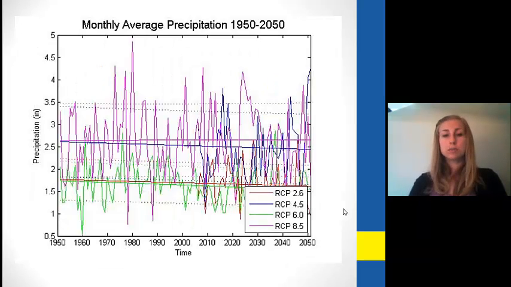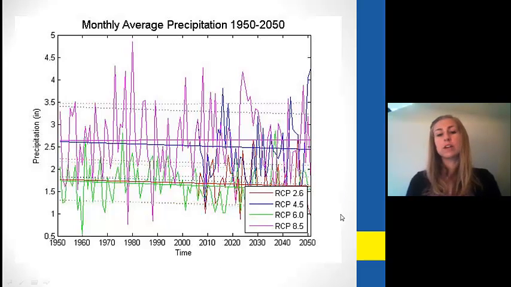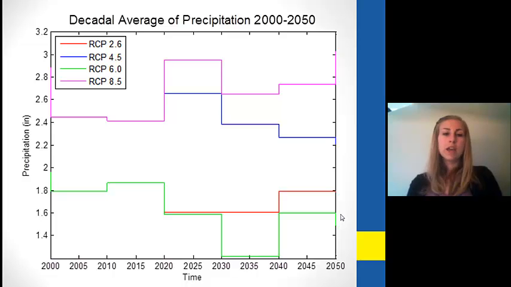Now moving on to precipitation, there is that bias again between the ensemble members for precipitation. However, there does not seem to be a very strong downward or upward trend. It seems to be very stable with the precipitation patterns for all RCP scenarios. And again, this shows in the decadal average, it's showing very straight across, little variance between the decadal averages between 2000 and 2050.